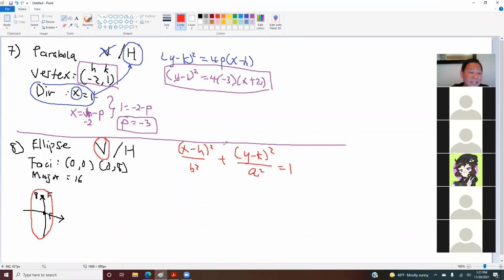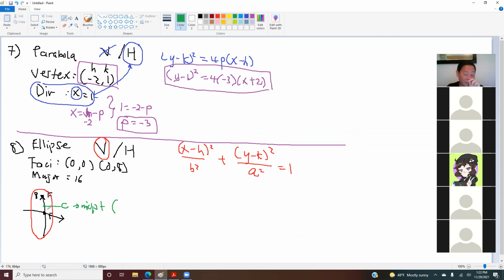But h and k is your center. So how do you find your center? The hint is your center is your midpoint. Midpoint means it's right in the middle.